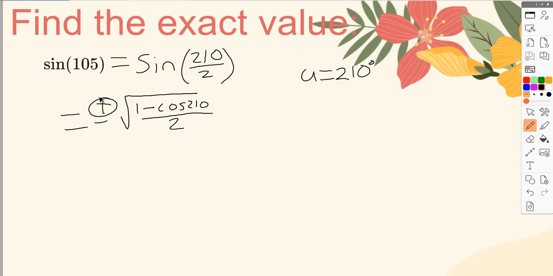So then, let's think about what quadrant 210 is in. 210 is third? Yup. Okay, and so then we need to figure out what our reference angle is. And remember, for our third quadrant, we do that by subtracting off 180. So what is 210 minus 180?